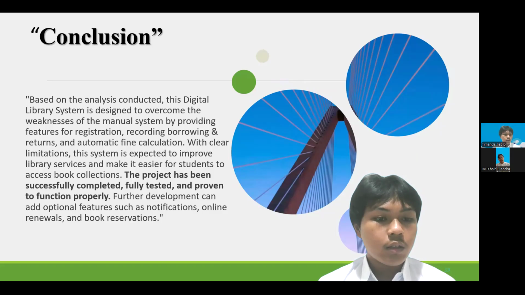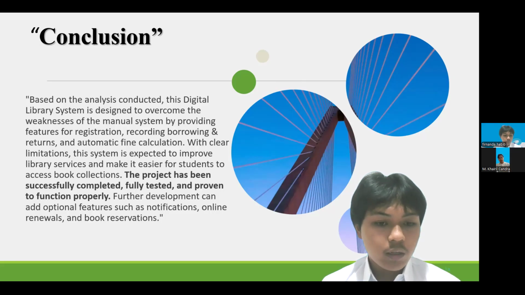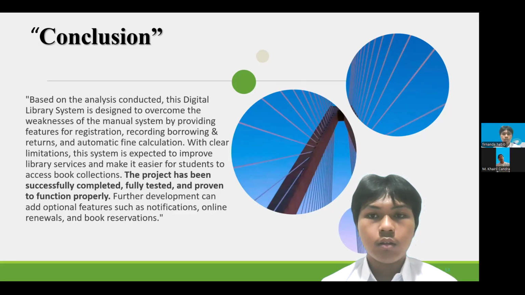With clear implementation, the system improves library service and makes it easier for students to access the book collection. The project has been successfully completed, fully tested, and proved to function properly. Further development can add optional features such as notifications, online renewals, and book reservation.